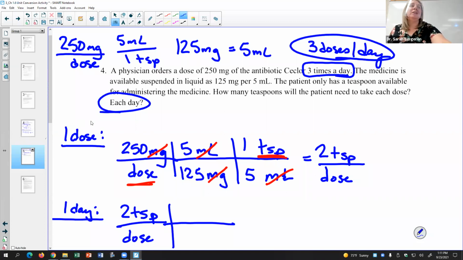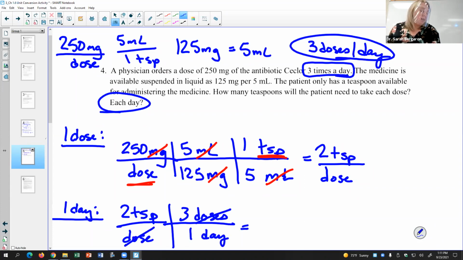Do you see how easy it was to go back to all the stuff we had written at the top rather than have to reread the paragraph 6 times? That's a good thing to do. It kind of sucks if you forget something, if you miss something, but if you don't find what you're looking for, go back and reread the question again and see if you can pull out another piece of data. Okay, so we need 3 doses per day.